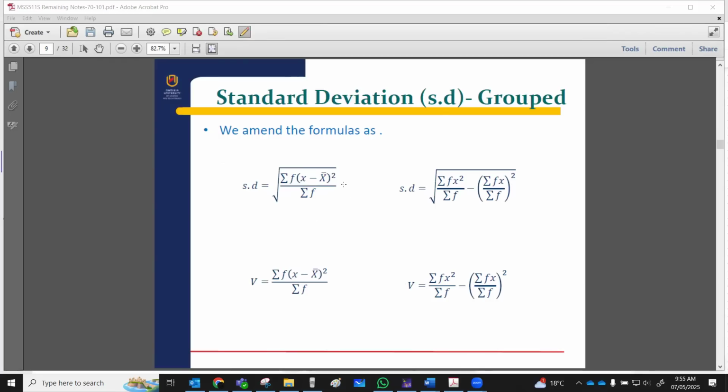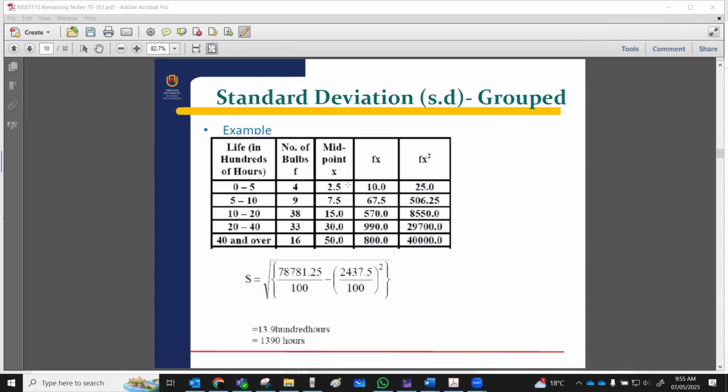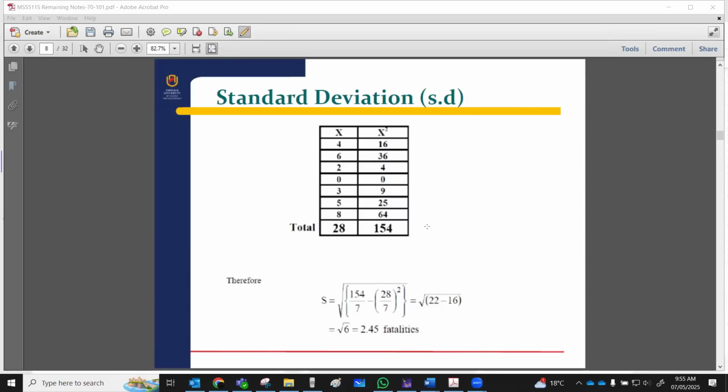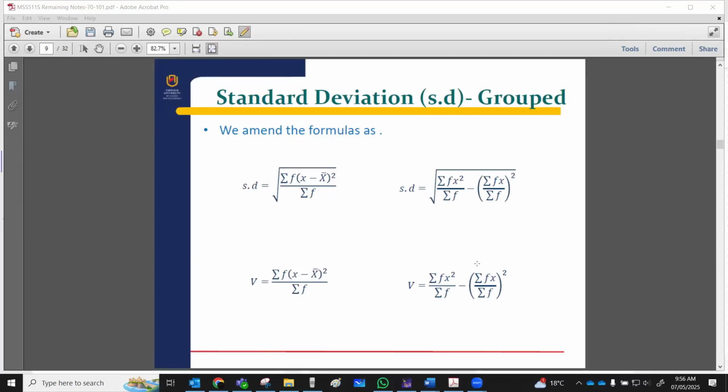We just need to remember it. Okay, if we wanted to use our calculators for this one here, it's a little bit different. So I would stick to this one because when we have group data, we're usually not going to have a lot of groups. But the formulas, as we can see here, they are very simple.